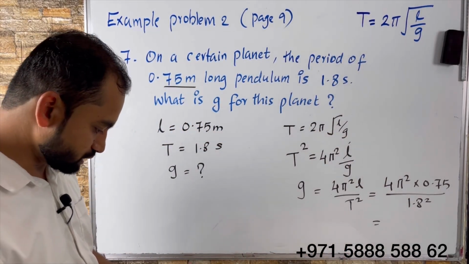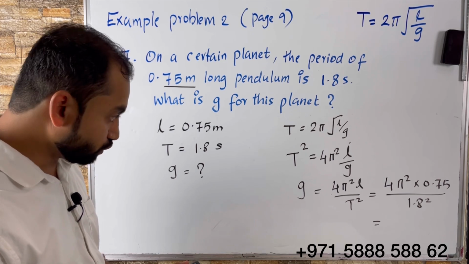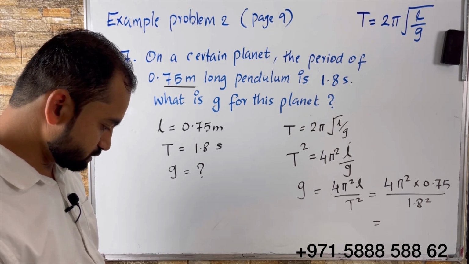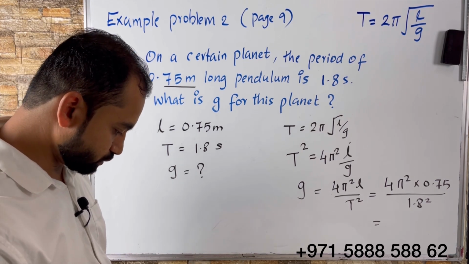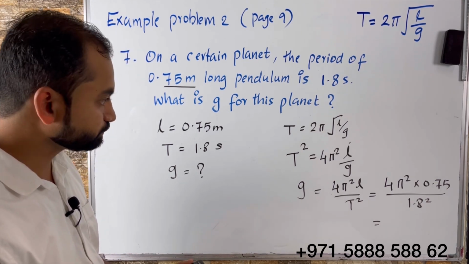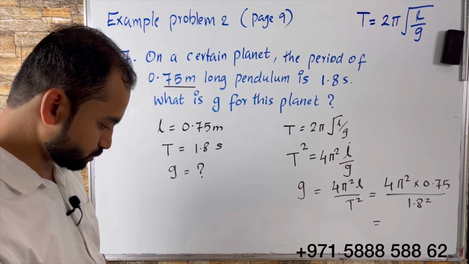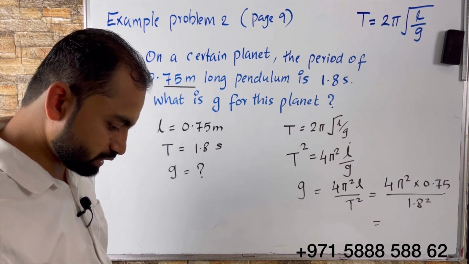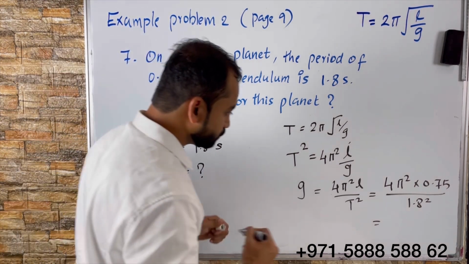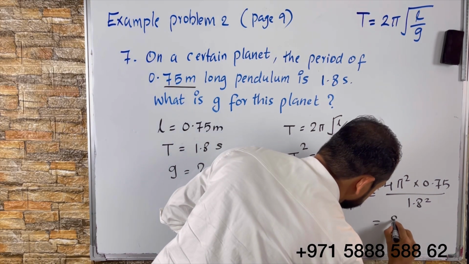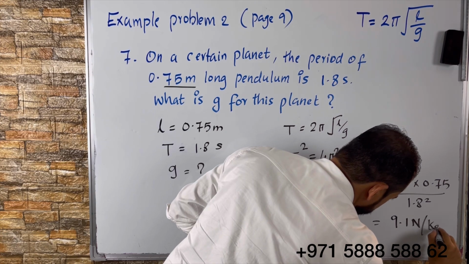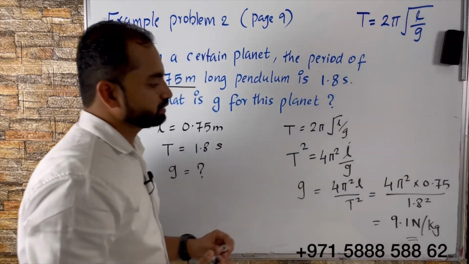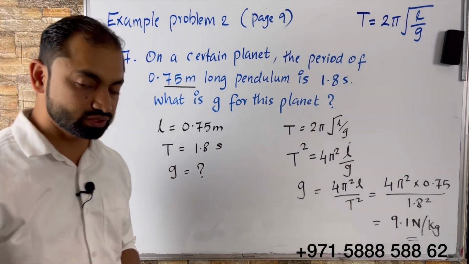You can calculate 4 multiplied by pi squared multiplied by 0.75 over 1.8 squared, which equals 9.1. So on that planet the gravitational field is 9.1 Newton per kilogram. It is just less compared to the gravitational field on the surface of the earth.